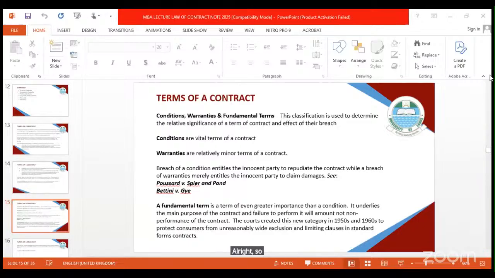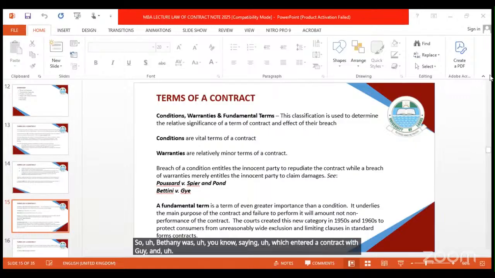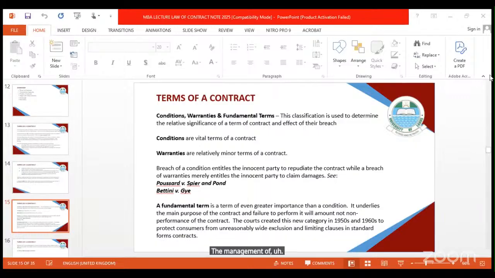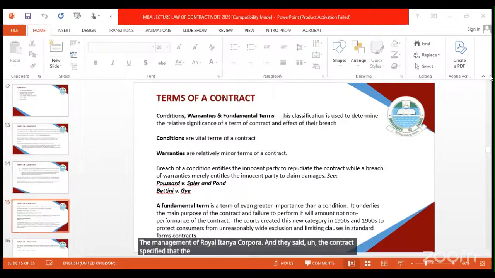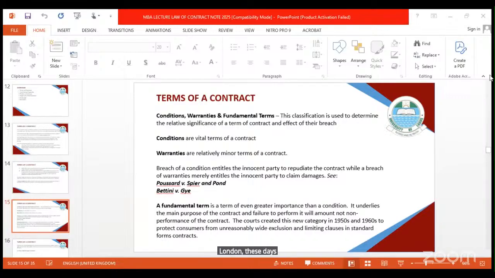All right, so I also want to speak on Bettini versus Guy, which is 1876 actually. Bettini is a singer who entered a contract with Guy, the management of the Royal Italian Opera. The contract specified that Bettini should have arrived in London 6 days before the commencement of the performance. However, Bettini failed.